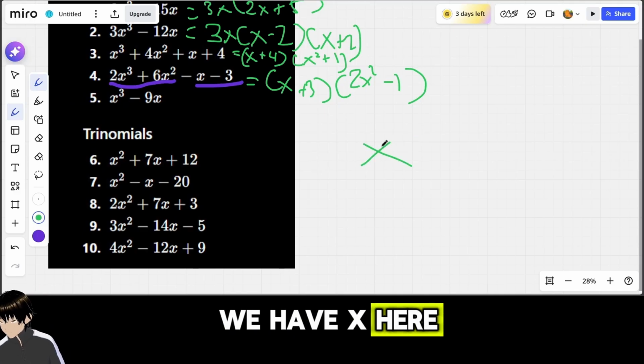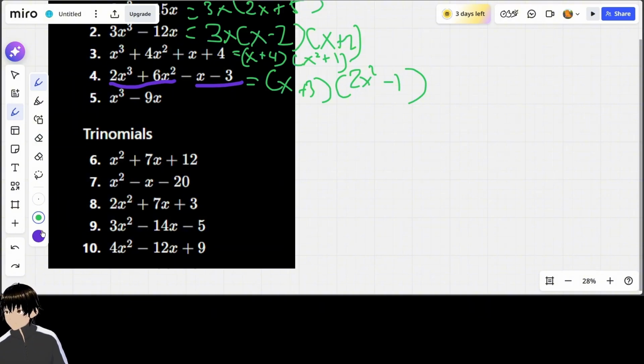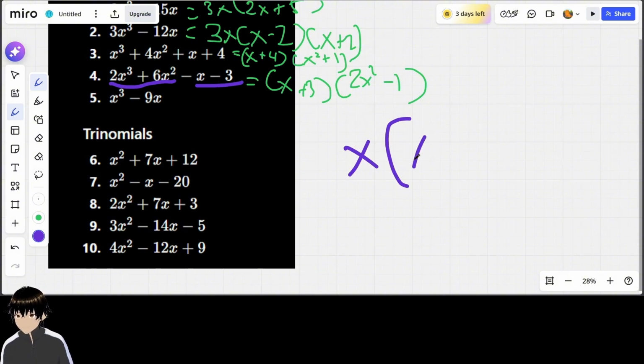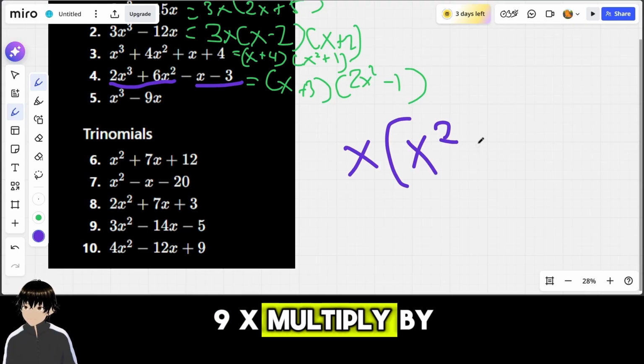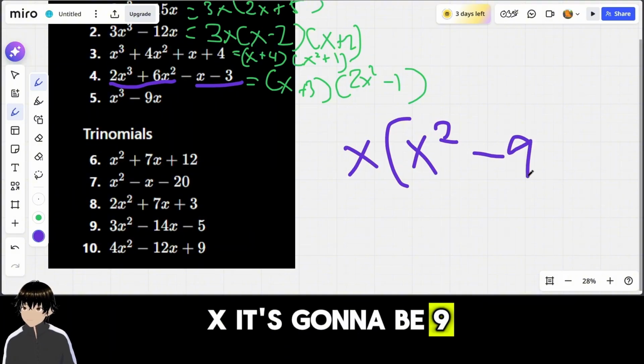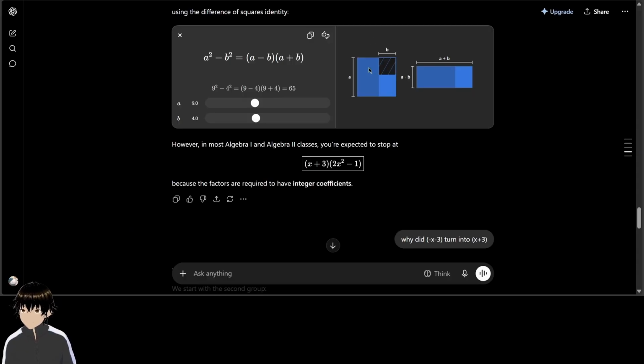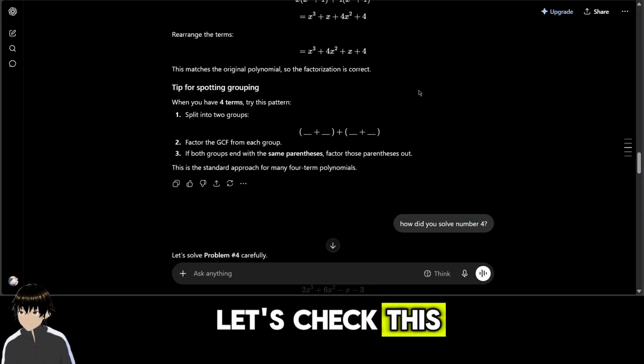We have x here. x cubed divided by x is going to be x squared. Nine x divided by x is going to be 9. Negative 9. Sorry about that. So let's check this.